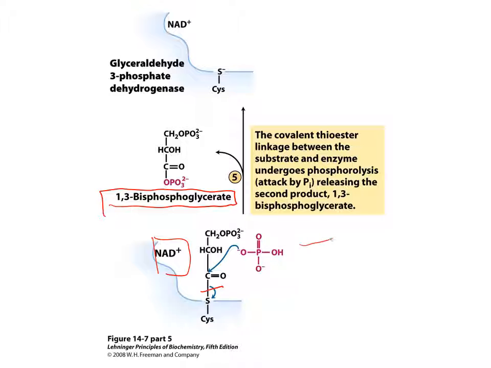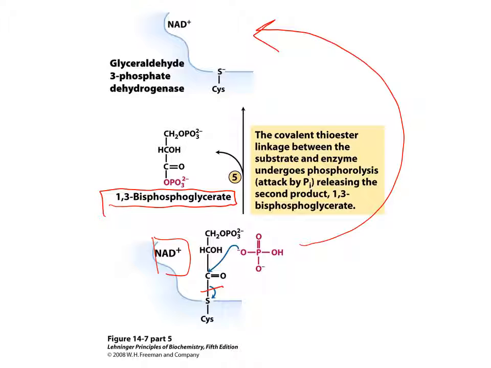So we basically regenerate the empty and ready to go glyceraldehyde 3-phosphate dehydrogenase. Okay, so the net result is taking up of one inorganic phosphate, one NAD, creating NADH, and bringing in the next NAD plus into the site for the next catalytic activity.